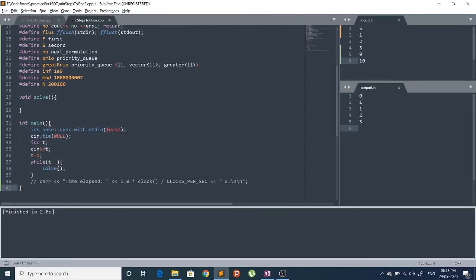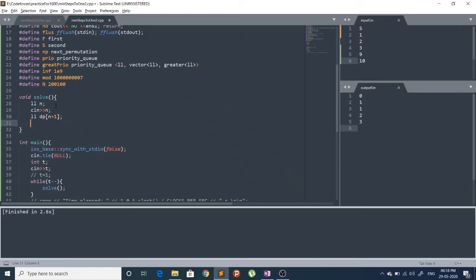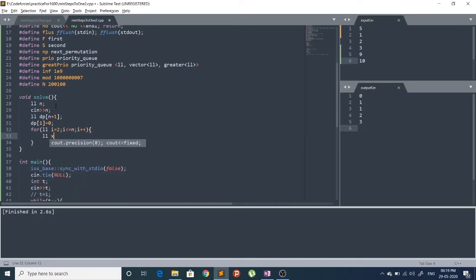Now I will take input n and I will make a dp array, and dp of 1 will be 0, and for long long i equals 2, i less than or equal to n, i plus plus, I will initialize x to infinity, y to infinity, and z to infinity.